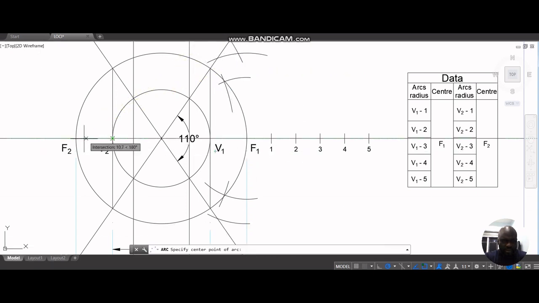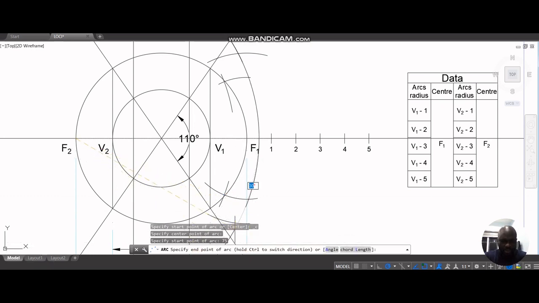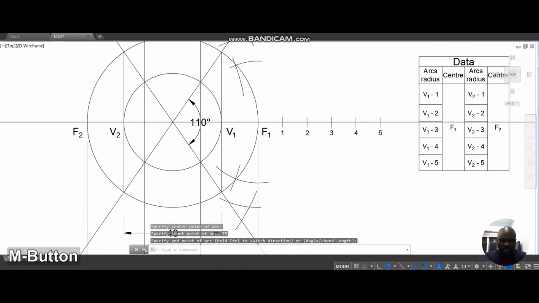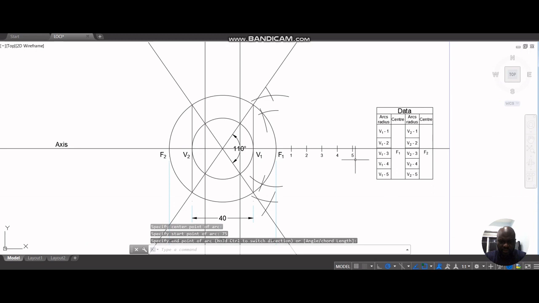Same center F2 and radius V22, cut the arc below. We shall continue like this until we get to F5, and then at F5 we would plot the curve.